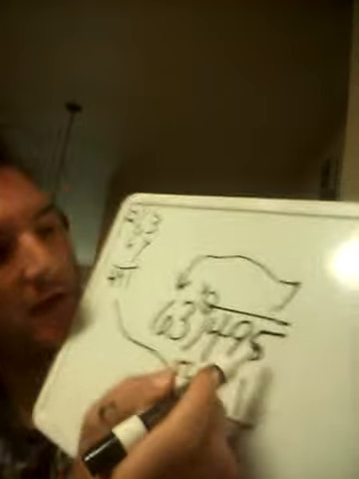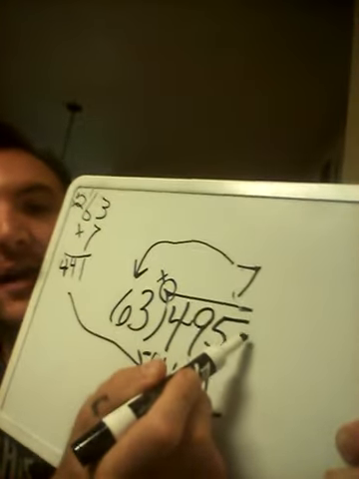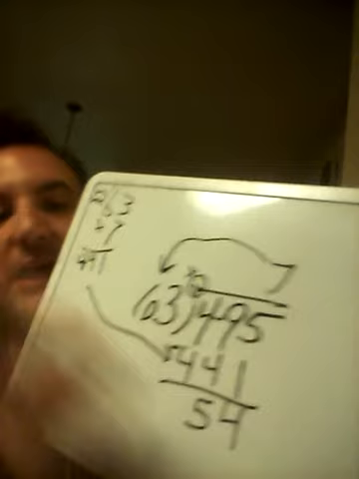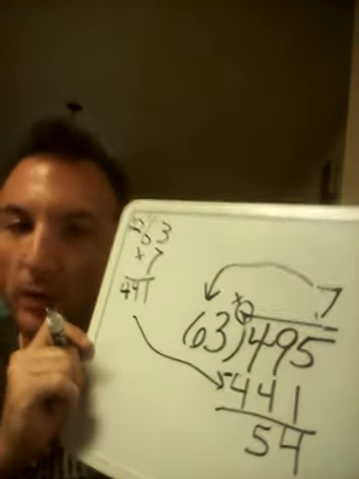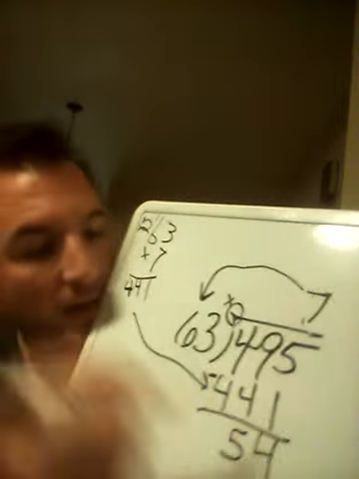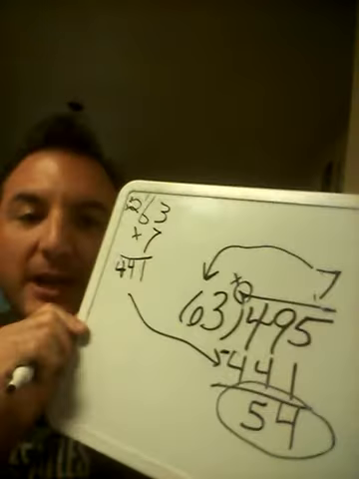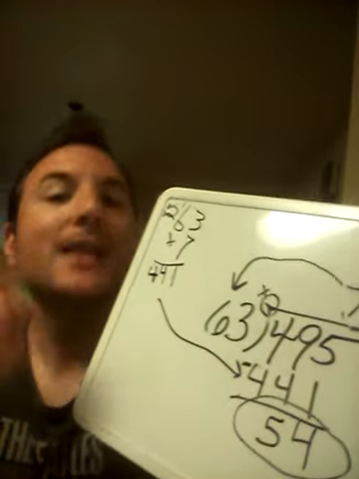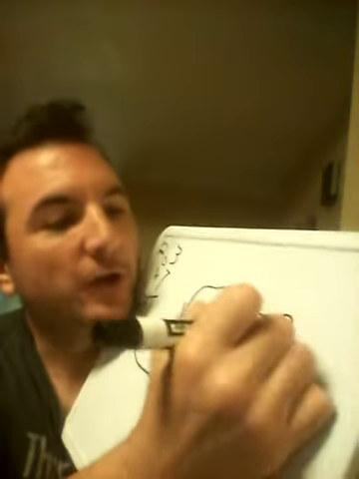So I'm going to go over here, and I notice that there are no digits here that I can bring down to that 54 to make it a 3-digit number. Is there? No. 54 is where the buck stops, basically. So 54, because 54 is smaller than 63, is going to have to be my leftover or remainder, right? So I'm going to put an R for remainder and put 54.